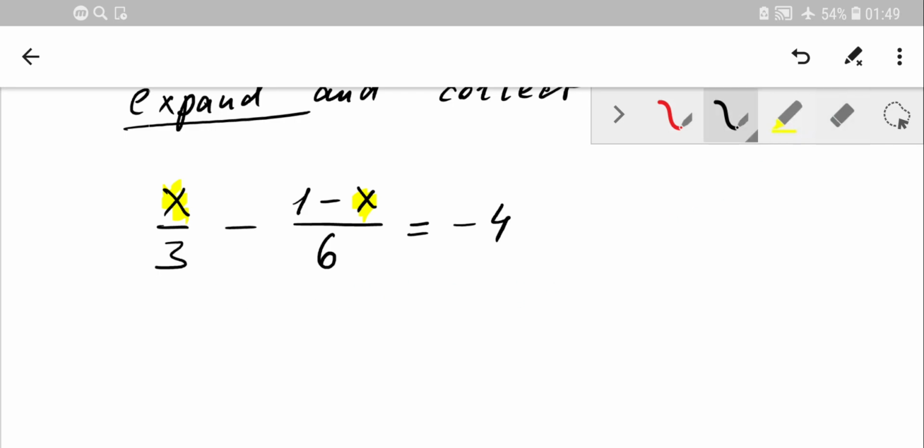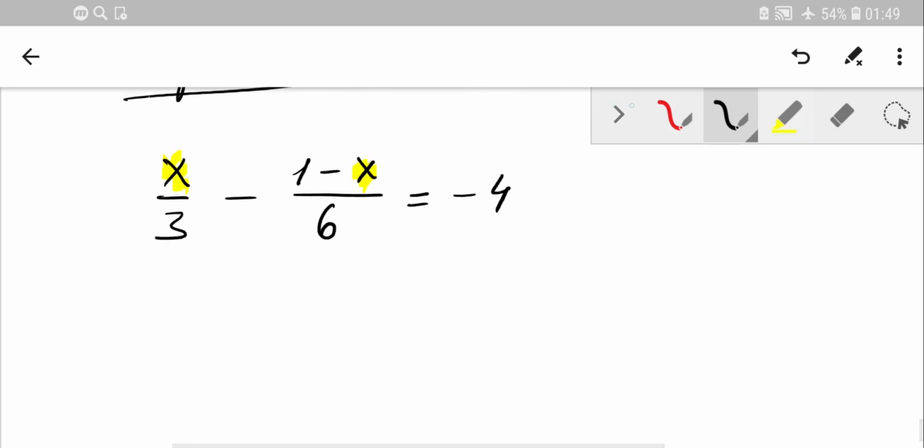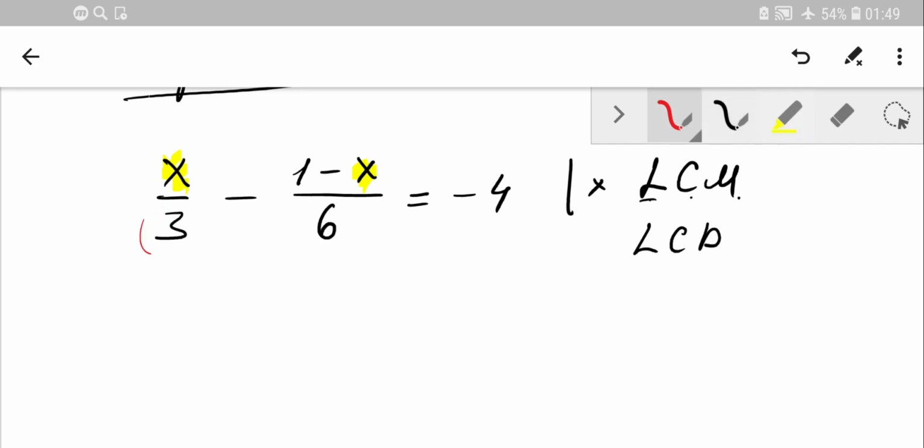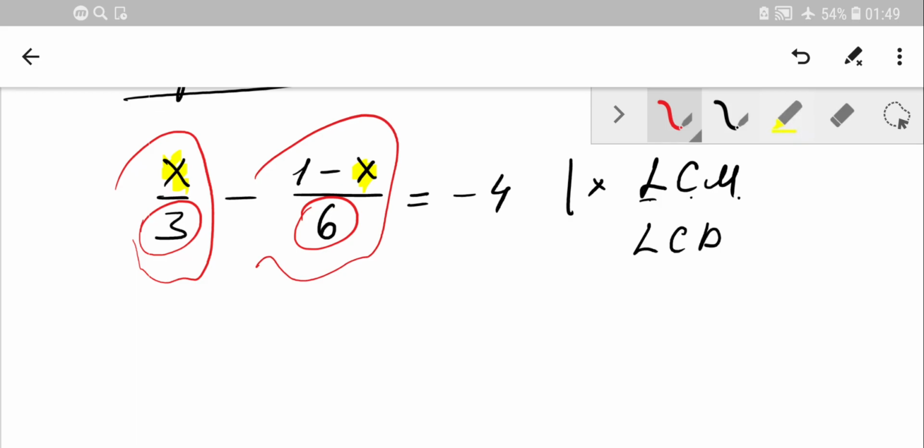There are two ways to resolve this problem. The first way, and it seems to me the easiest, is to multiply both sides by the LCM of the denominators. Sometimes it's called the LCD. So LCM, the lowest common multiple of the denominators. By denominators, I mean those fractions, because you basically want to combine this fraction with what you have here.